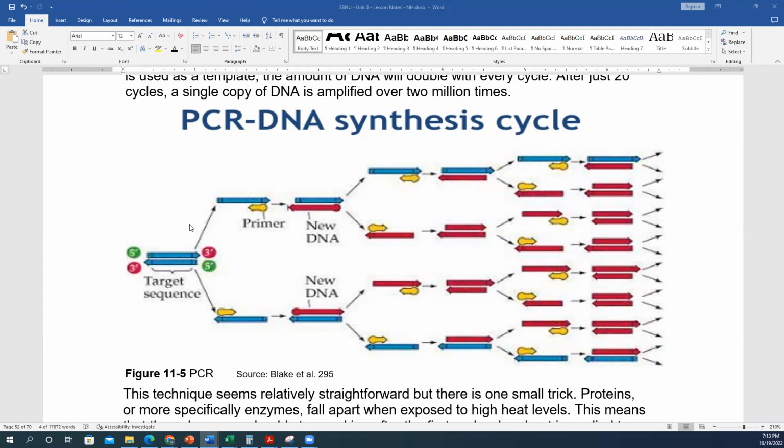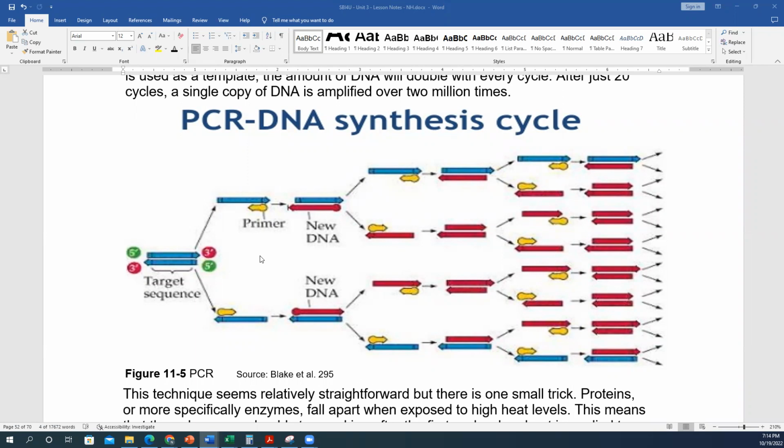So a very good solution to this has been to use a very heat stable, or thermostable, type of polymerase. This polymerase is isolated from the bacterium Thermus aquaticus, which lives in hot springs. It has a polymerase that is capable of tolerating, surviving and functioning under high heat conditions. This polymerase is called Taq polymerase.